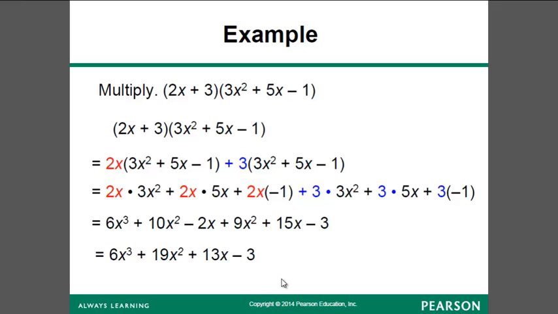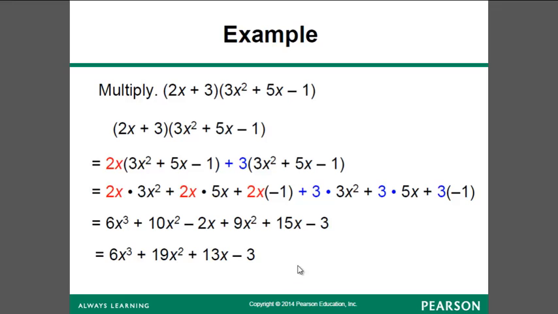So my final answer is going to be 6x cubed plus 19x squared plus 13x minus 3. What we have done here is taken everything in the binomial and multiplied it by everything inside the trinomial and combined like terms. So we've actually done a distributive property with two different items.